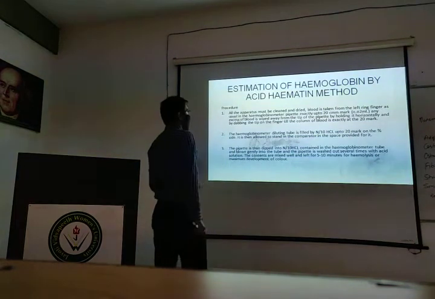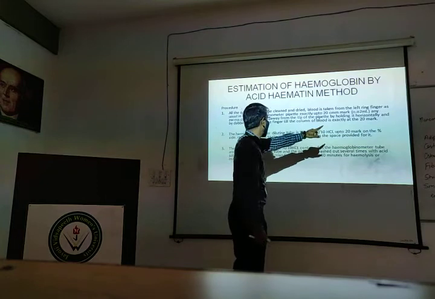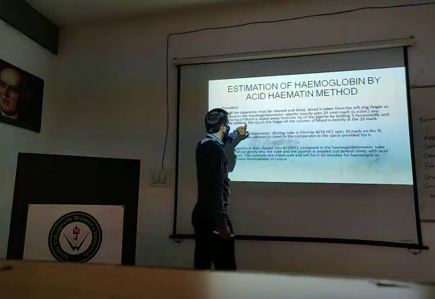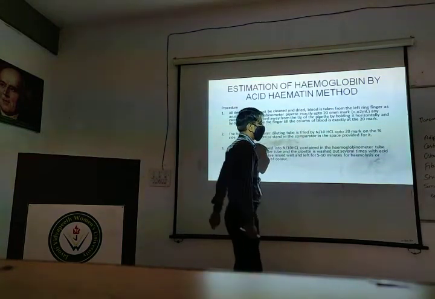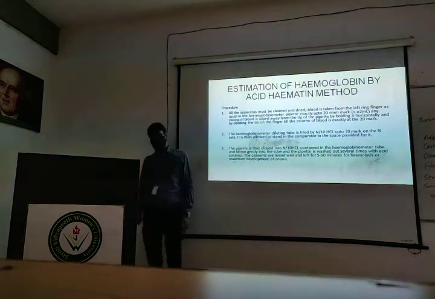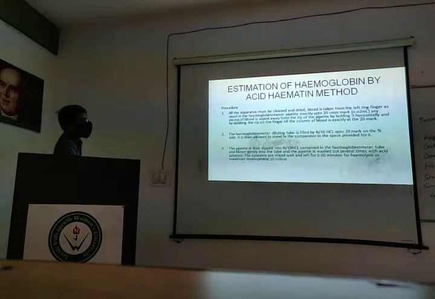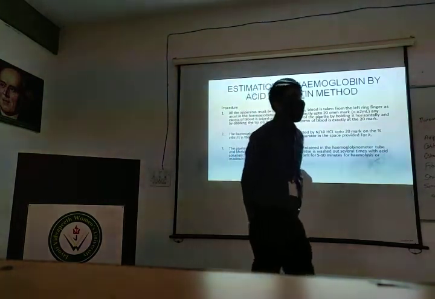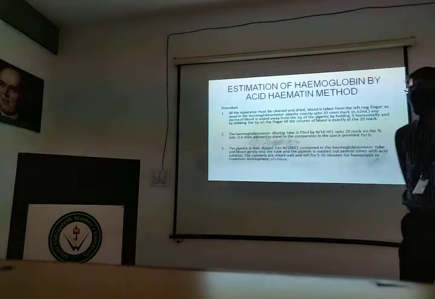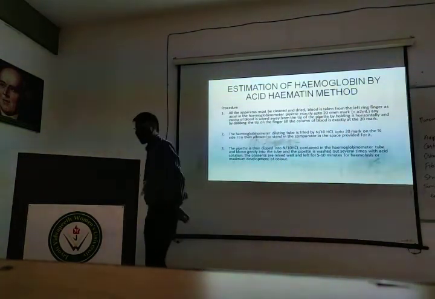Any excess of blood is wiped away from the tip of the pipette by holding it horizontally and by dabbing the tip on the finger till the column of blood is exactly at the 20 mm mark. We have to use the exact amount of blood in this hemoglobinometer and acid hematine method, otherwise the reading will be inaccurate.